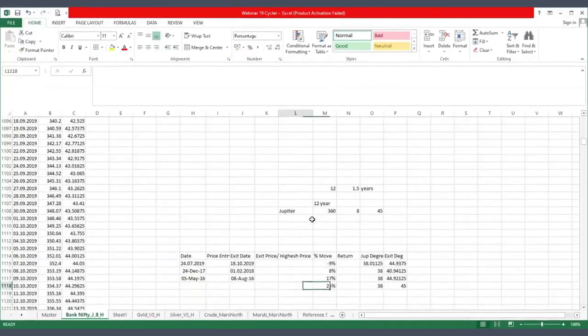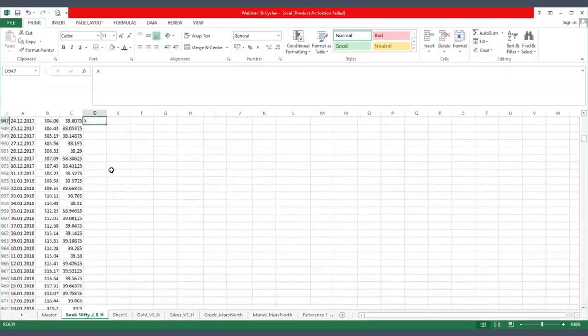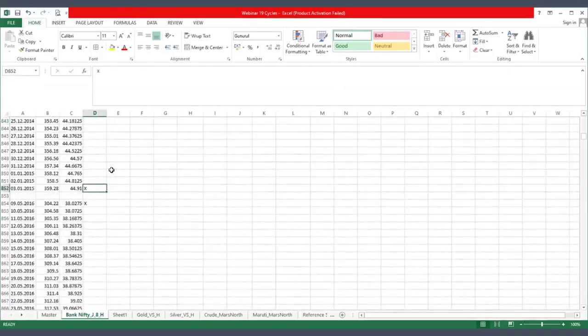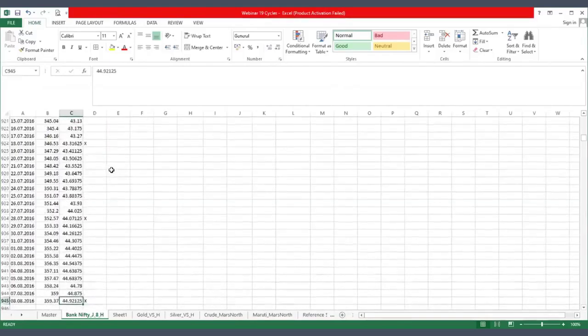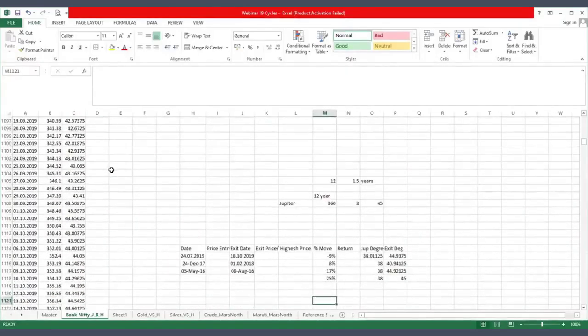Okay, so for 25% and 45 I have written. Every time if you see it is like 44.91 or 45. So I am just straight away writing 45.